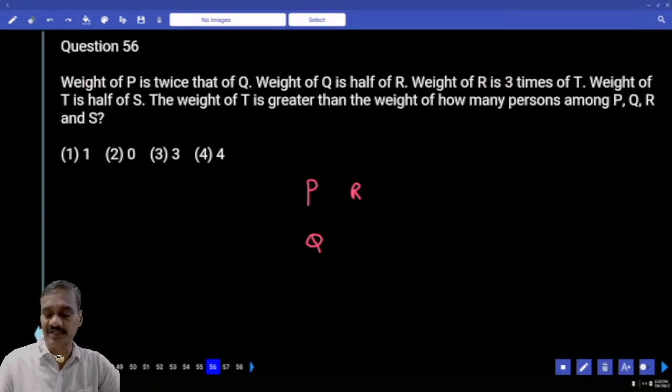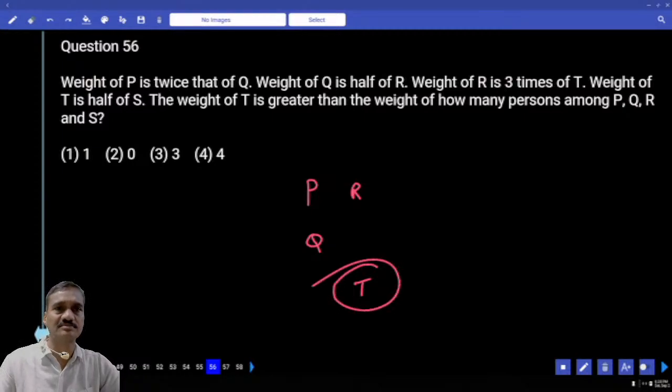And R is 3 times that of T. Then weight of T is half that of S. Weight of T is greater than how many persons among this? T is the lowest among all this, and he is not heavier than the remaining, choice 2.